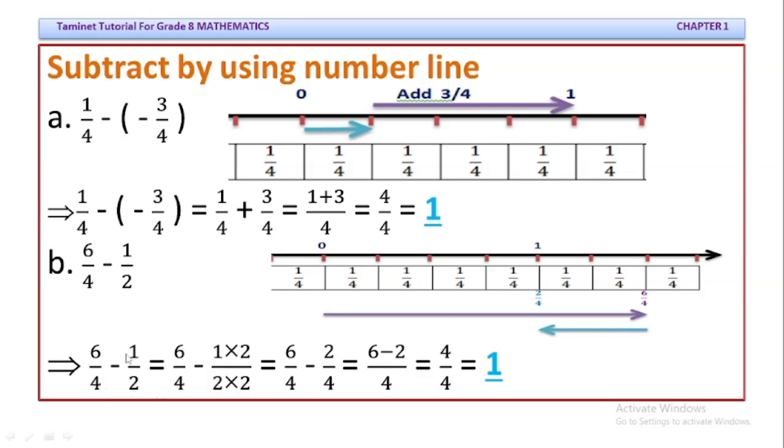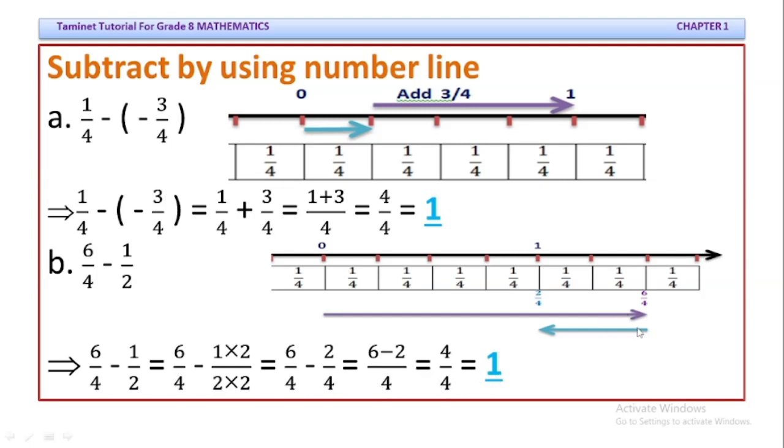Now 6 over 4 minus 1 over 2. Multiply 1 over 2 so the denominator becomes 4: 1 times 2 is 2, 2 times 2 is 4. Now look, they have the same denominators. 4, 6 minus 2 is 4, 4 over 4 is 1.